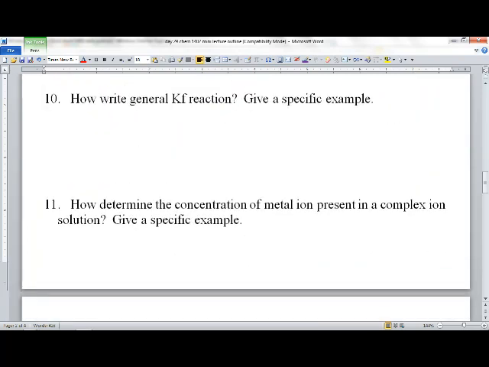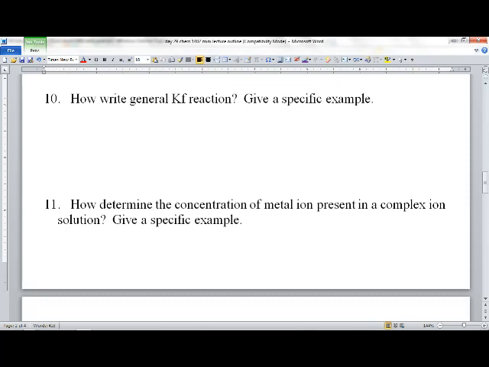KF reactions, the last type of ICE problem. Mallory, what did the F stand for? Formation.